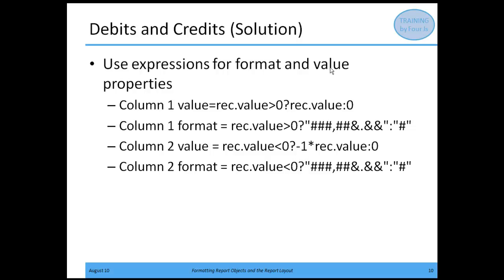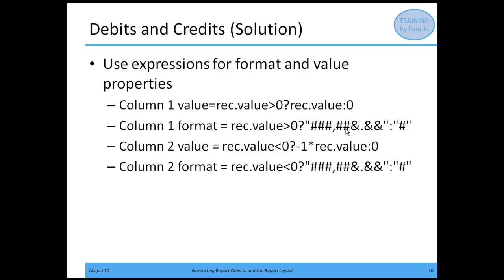Now, how do I get it so that the credit or debit is blank when it doesn't contain that number? What I do is I use my hash sign when I'm doing my formatting. So for my column 1 formatting, if the value is greater than 0, then I want you to put it out using the format 0.00. So I want to have at a minimum 0.00 or whatever the positive value is.